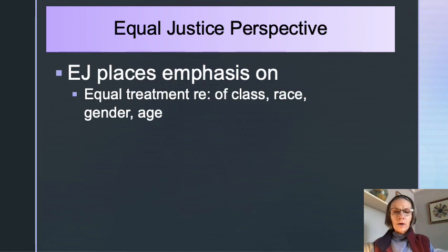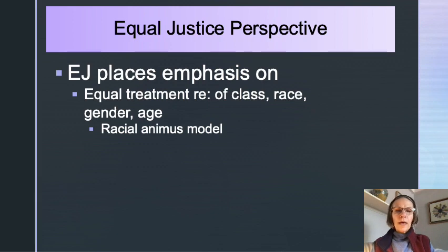In other words, it doesn't matter whether the offender is rich or poor, but they should be sentenced according to the harmfulness of their crime, not because of their economic abilities. That white and black folks should be treated equally. That we should be very mindful of racial discrimination in the criminal justice system. This applies to gender and to age as well.